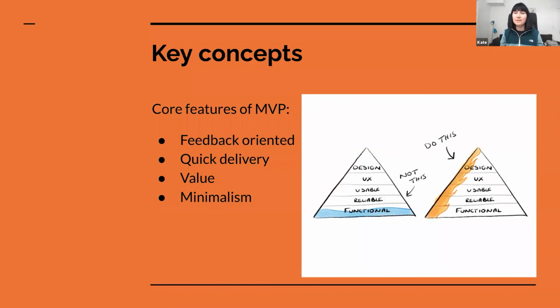So if you're building something that has competition in the market, you need to make sure that you're building something that's on the right in this picture, not on the left. You want your customers to give you feedback on all of the aspects of the MVP, not just on the functionality. Especially if they have something to compare with. So again, don't do what's on the left, do what's on the right.